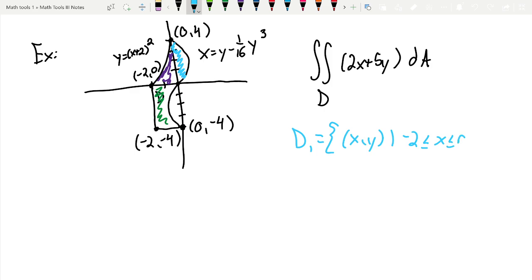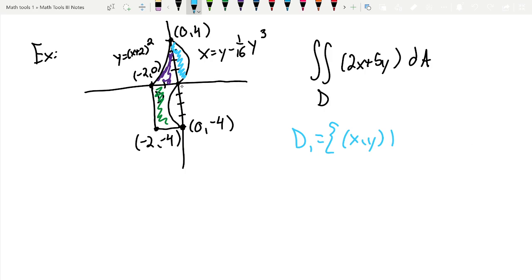You could just read it from the picture if you're comfortable with that, but writing out as much as possible is always helpful. So x is between -2 and, or I'm sorry, I'm looking at the wrong one. That would be for D2. So if we call this one D1, let me rearrange this here.